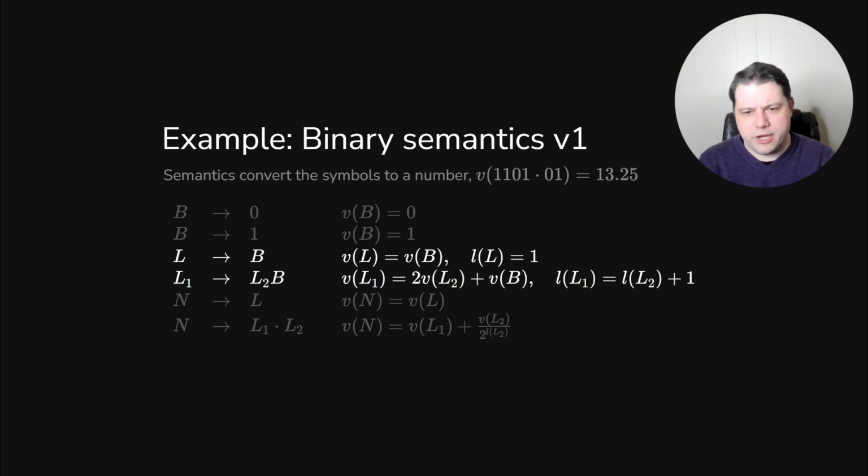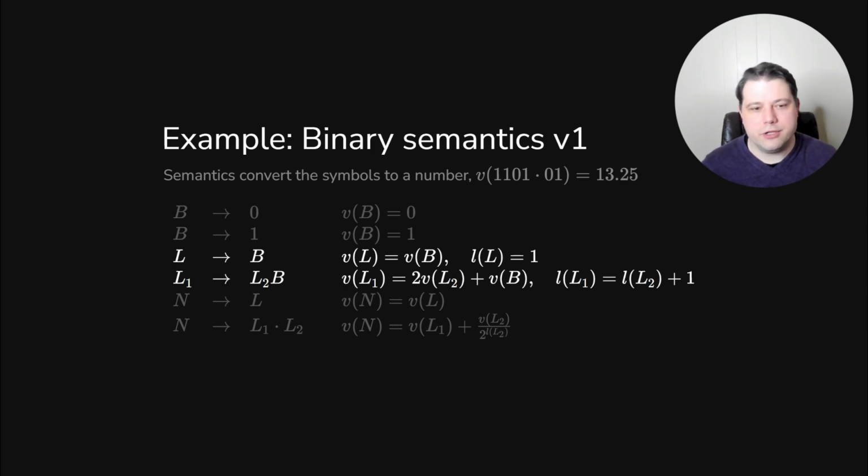The bottom one in the middle here is going to calculate it a little differently, but it's calculating the value of L1 based on the value of L2 and based on the value of B, and the length of L1 based on the length of L2 and adding 1 to that. So are these inherited attributes or synthesized attributes?